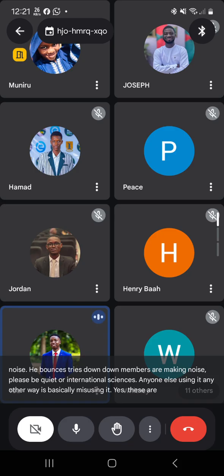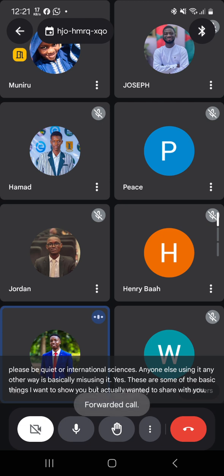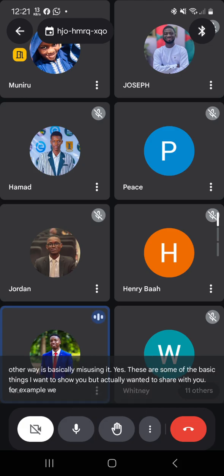So these are some of the basic things I want to share with you. I actually wanted to share with you the details on the different types of governance. For example, we have the presidential system of governance and the parliamentary system of governance.